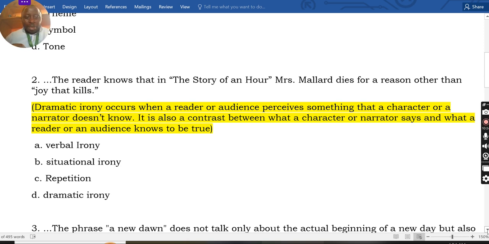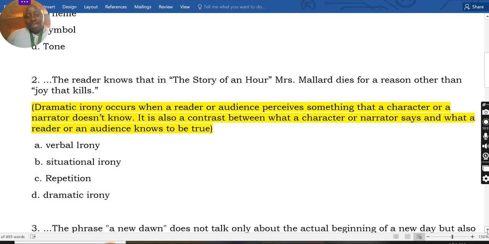Now let us read these alternatives for this question. Let me repeat the question. The reader knows that in the story, Mrs. Mallard dies for a reason other than joy that kills. So we have alternatives here. A is verbal irony, B situational irony, C repetition, D dramatic irony.